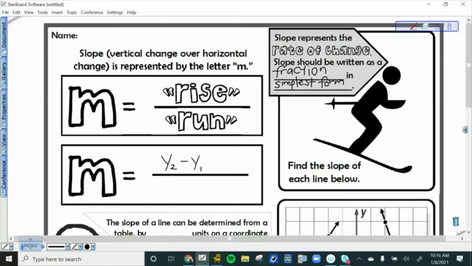Do you guys know what the 1 and 2 mean here? It's not an exponent. An exponent is up, that's called a superscript. Isn't that like y to the second power? No, that's the exponent, that'd have to be a superscript, up here. This is called a subscript. Do you know what it means? All it's saying is this is one y value and this is a second y value.